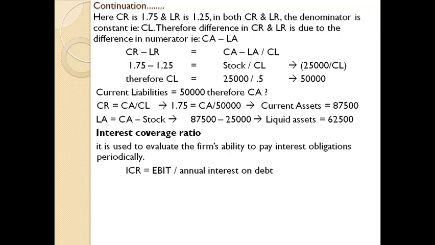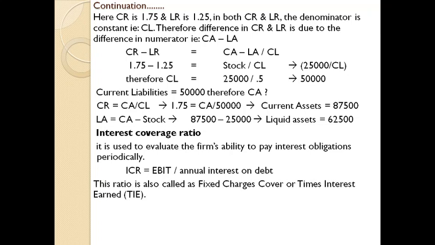That is, interest to creditors or interest for any credit acquired from outside parties. This ratio is also called fixed charge cover or times interest earned. It indicates the number of times interest is covered by annual operating profit, otherwise known as EBIT.